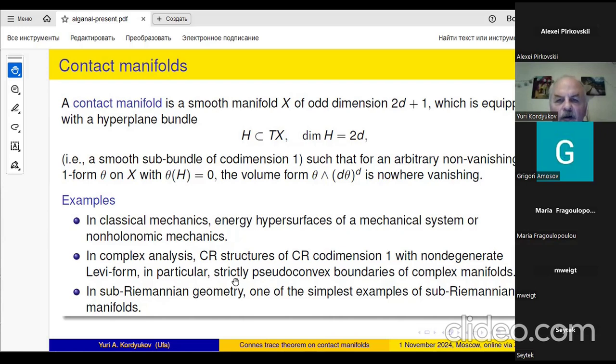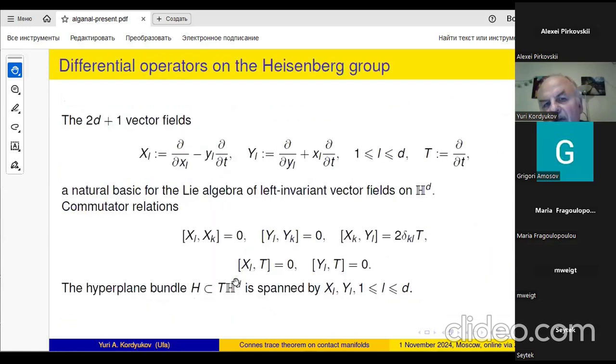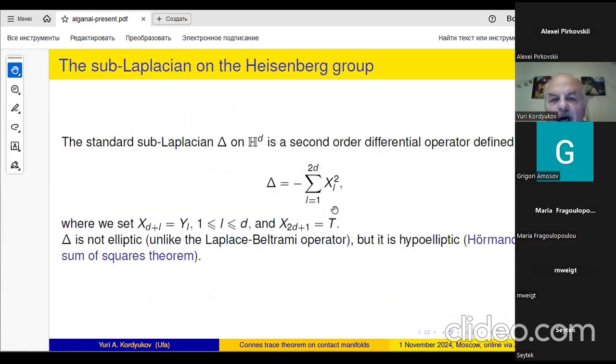And then certain operators, like the Dirac operator, the boundary Dolbeault operator, and the corresponding Laplacian, turn out to be non-elliptic operators, but like this sum of squares, only hypoelliptic operators. And this gives a very strong motivation for the development of this theory in the 70s.